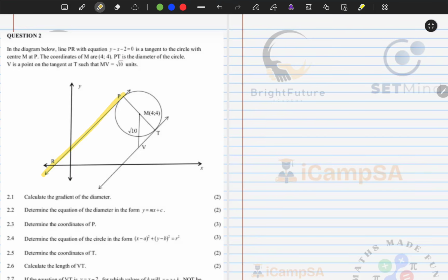Great. Then they say PT, if you look carefully, PT is from here to there, so it's the diameter. PT is the diameter of the circle.